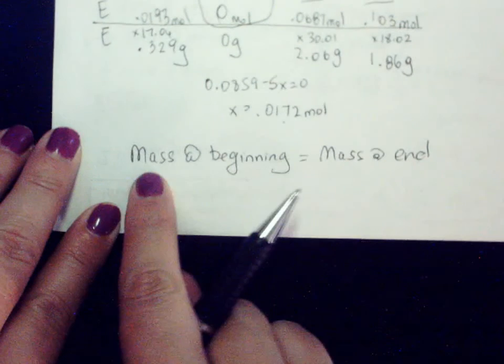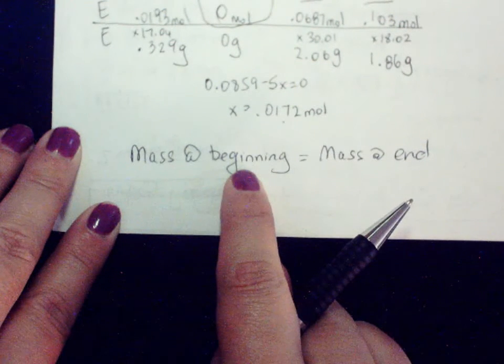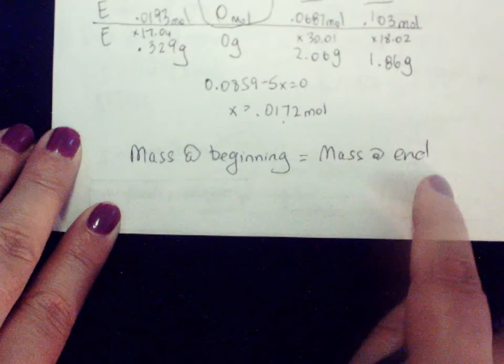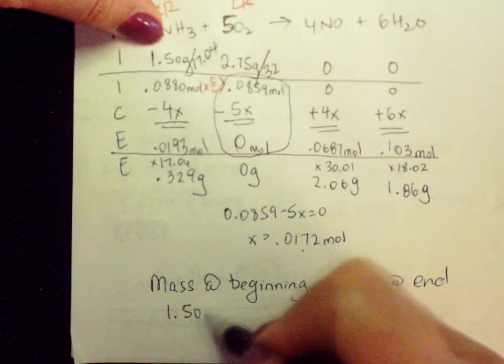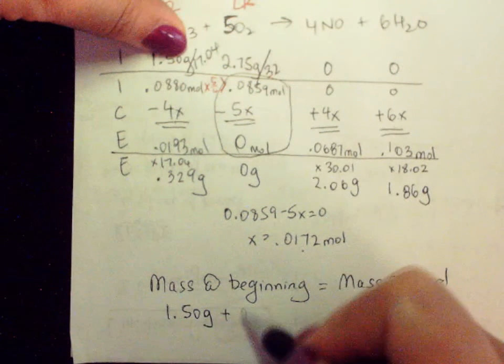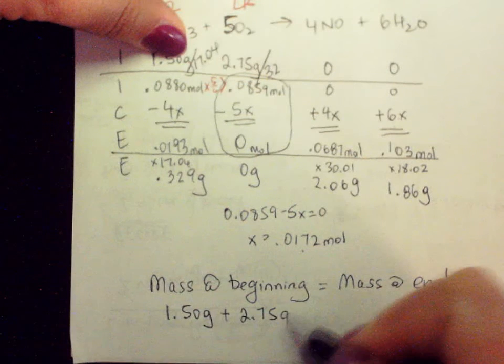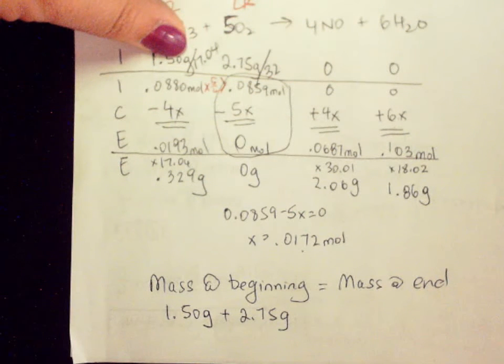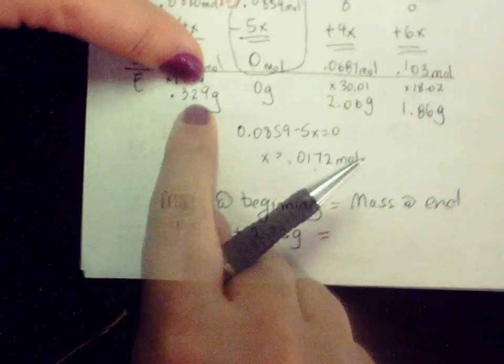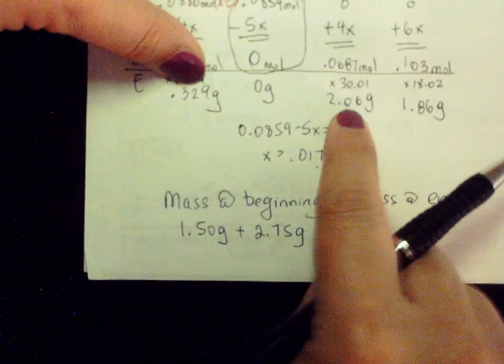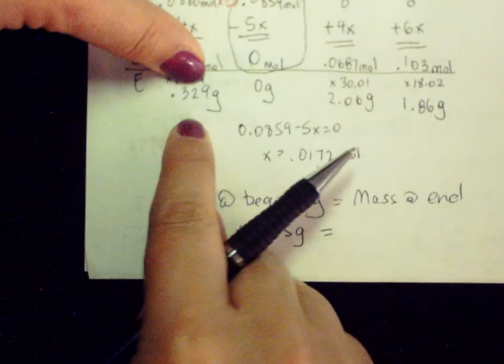The masses at the beginning have to be equal to the masses at the end. So what were the masses at the beginning of this process? We had 1.50 grams of ammonia with 2.75 grams of O2. Okay. All right, well, what are the masses at the end? Well, what do we have at the end? We've got this that we made, and that's left over, right?